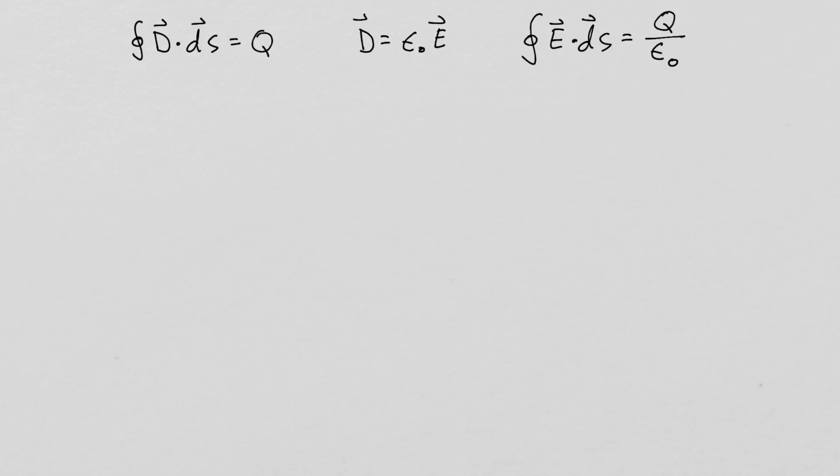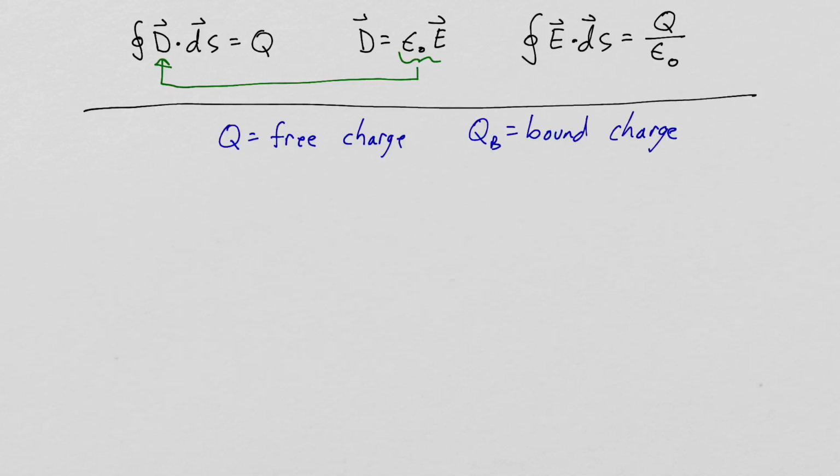So now let's substitute for the electric flux density field the permittivity of free space times the electric field intensity, and divide both sides by our permittivity of free space. So here's sort of an alternative expression of Gauss's law for point charges in free space.